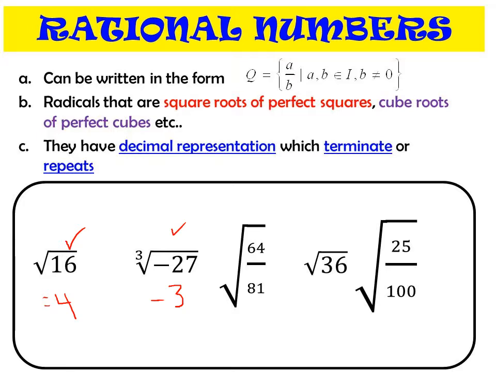The square root of 64 over the square root of 81 is just like that, 8/9. And anything that can be written as a fraction is a rational number. So square root of 36, and the square root of 25 over 100 ends up being 5/10. So all of these are rational numbers.